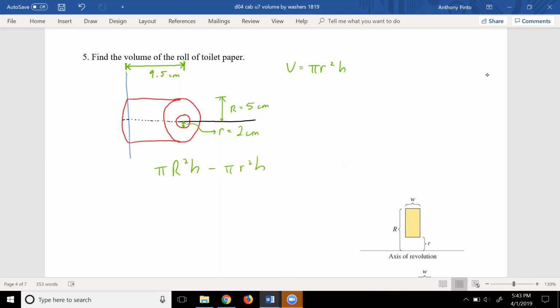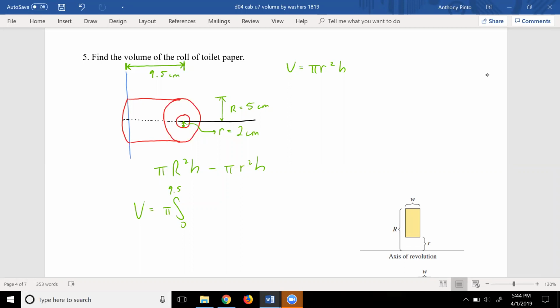If we were going to do this with an integral, we would say the volume is equal to the integral of pi from 0 to 9.5. And it's 0 to 9.5 because that's the width of our toilet paper, or this washer that we have.